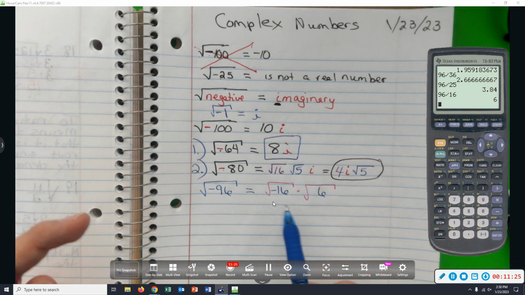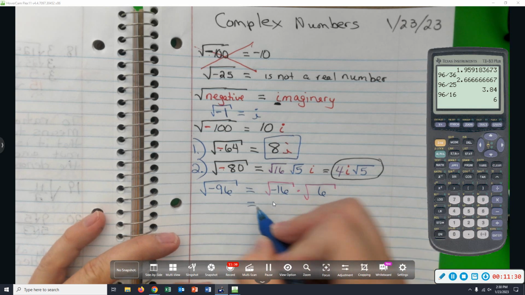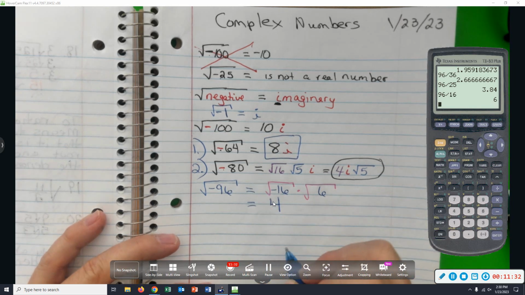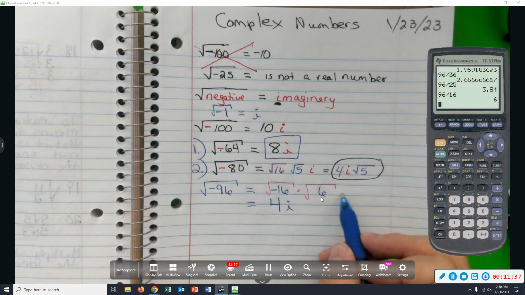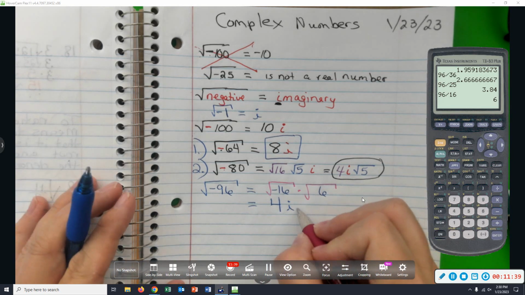We know the square root of 16 is a 4, but since it's negative, what are we going to stick on? An i. And you still have that square root of 6 stuck on there.